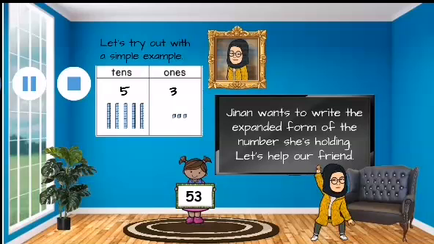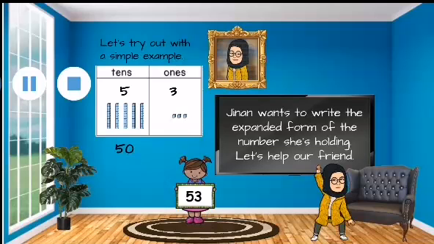Now we are going to think about the values of each digit. Here we have 5 tens. Each 10 rod is 10. So we have 10, 20, 30, 40, and 50. So the value of 5 tens is 50.